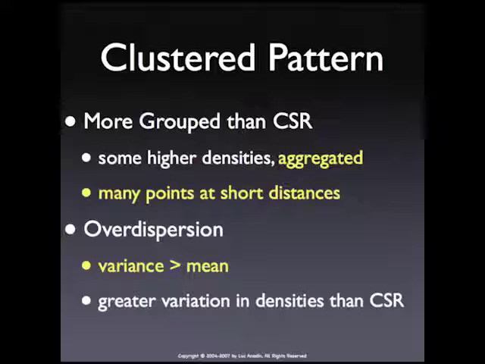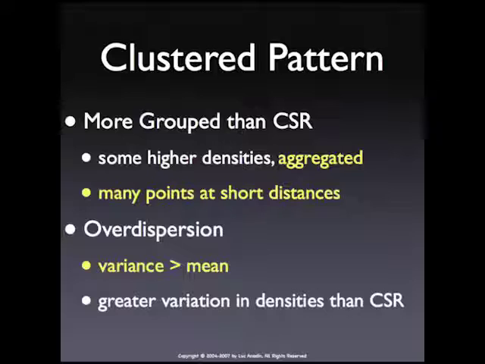So this results in the variance of the process being larger than the mean of the process. Now, in the Poisson distribution we saw the variance equals the mean. When the variance is larger than the mean, that means Poisson is no longer an appropriate distribution. This is referred to in the literature as over-dispersion.